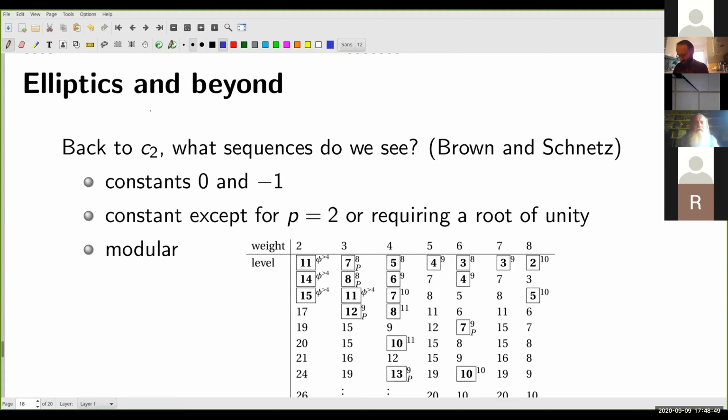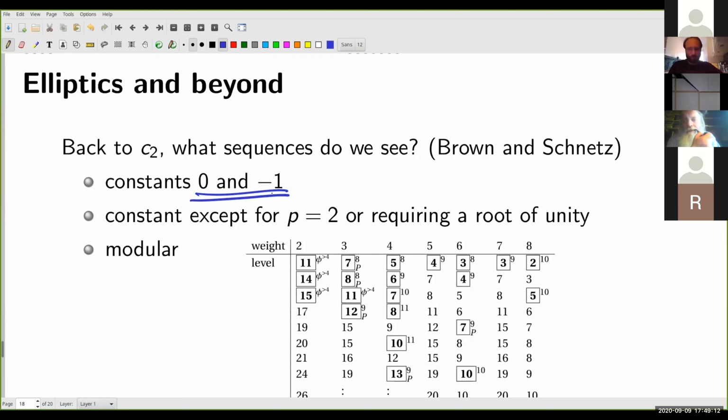Because what C2 sequences do we see? Well, we see constants, 0 and -1. Okay, those are nice. The 0s are the weight drop guys. And the -1s, well, do you remember how I said these things that came from double triangle of K5, or that's completed, so double triangle of K4, if you're thinking of the scalar 4-point graphs? Those seem to be the -1s.